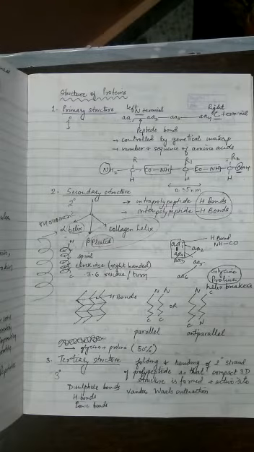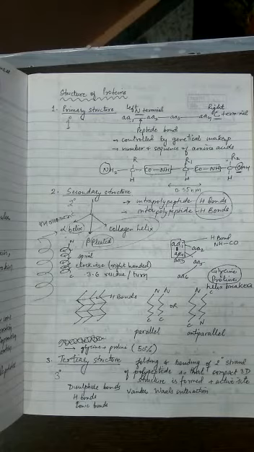So the primary structure is made up of a chain of amino acids, for example the A chain of insulin carries 21 amino acids. This is a fixed thing, this is the primary structure of the chain. Now every chain has a left side end and a right side end. So there are two ends of this chain. The left side end is called the N terminal, and the right side end is called the C terminal.